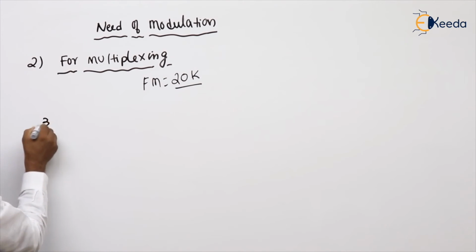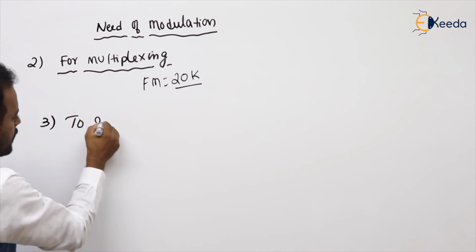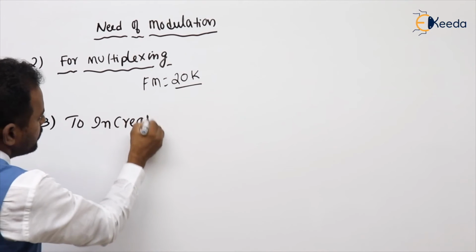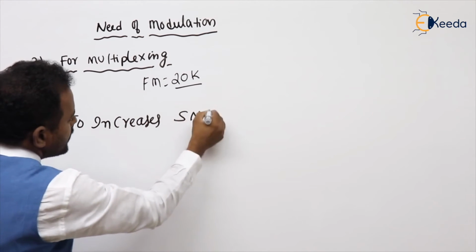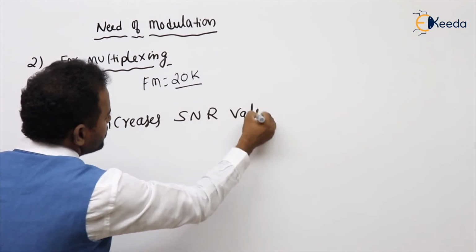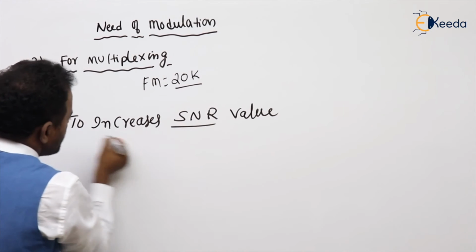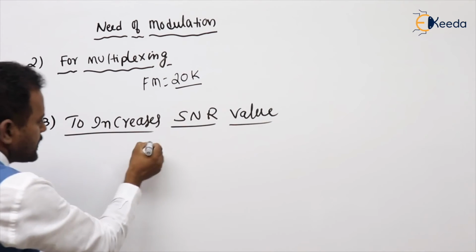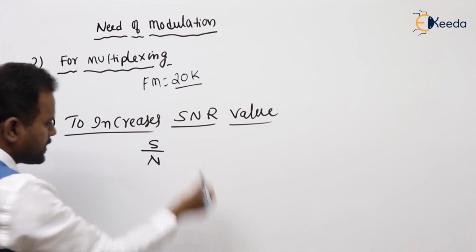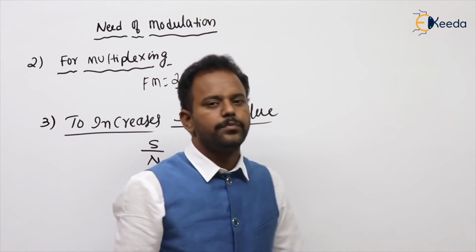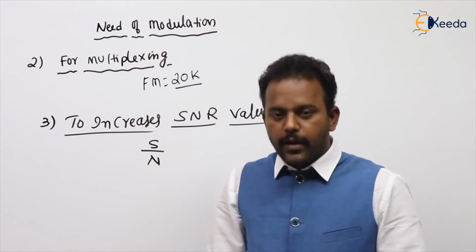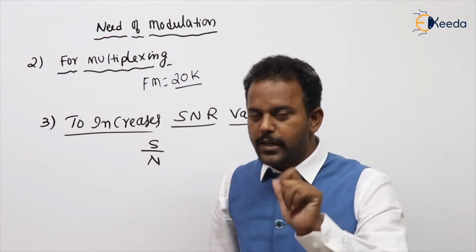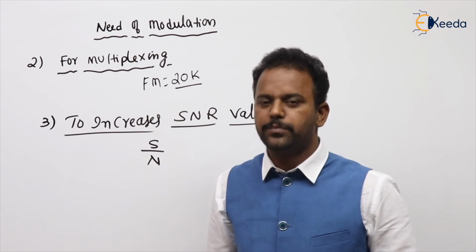Third basic need is to increase the SNR value. SNR means signal to noise ratio. This you have to understand. I told this point in the basic block diagram of a communication system.